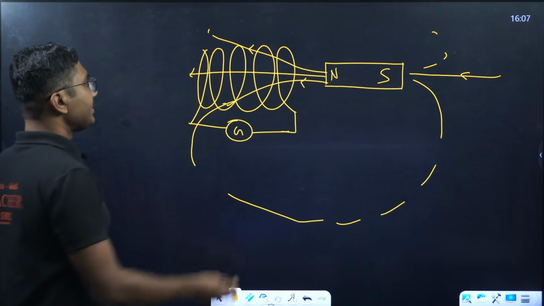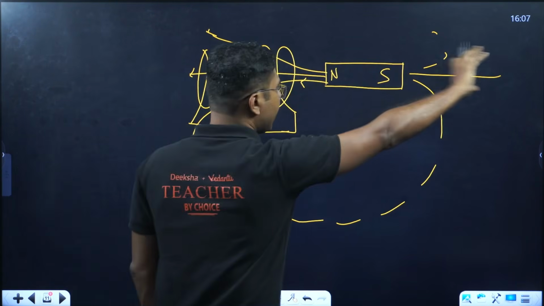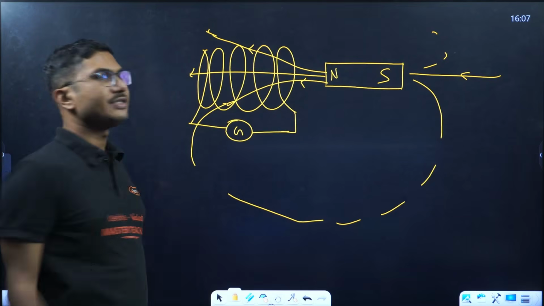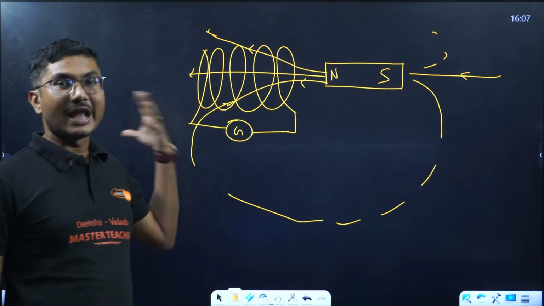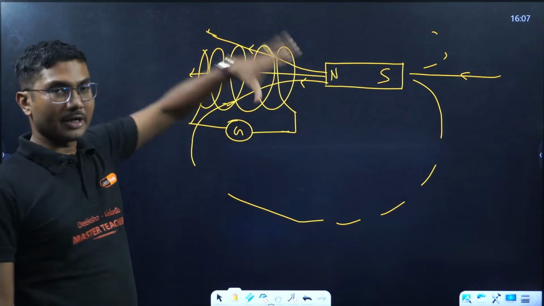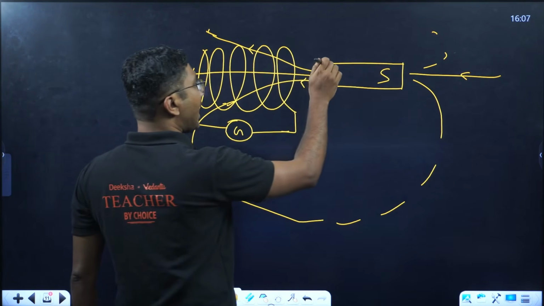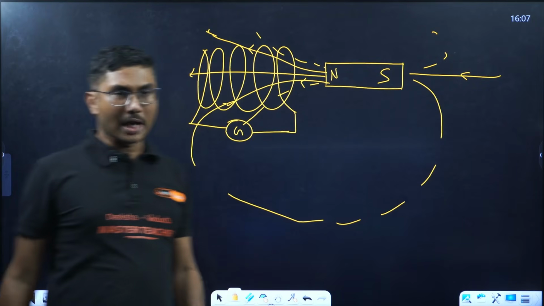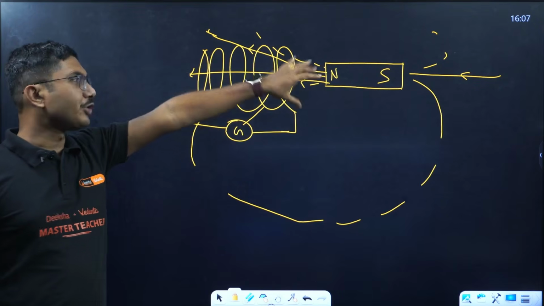We only want to see that the number of field lines crossing this coil changes. Sometimes it can be 3, sometimes 5, sometimes 30. So the number of field lines passing through this coil changes with the motion of the magnet.